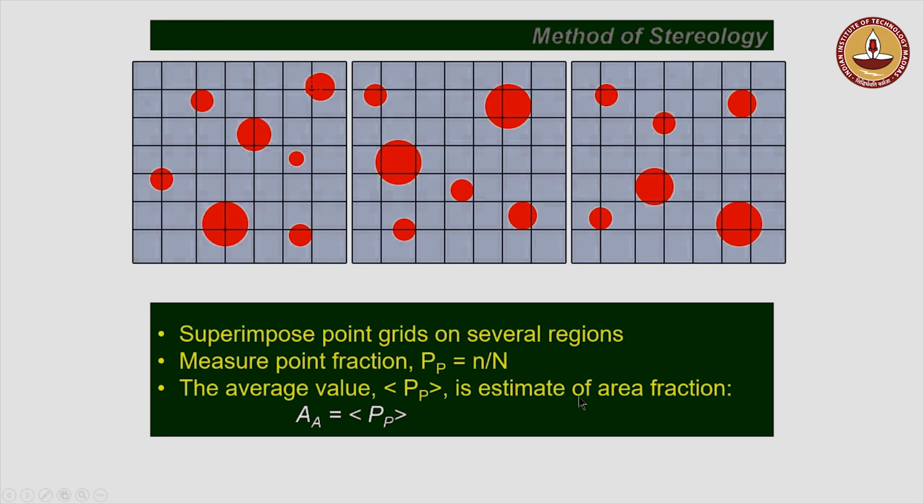And this average point fraction is a direct estimate of the area fraction. So, this is a stereological method which would give me an estimate of the area fraction, again with statistical or random error associated with it, which we will see how to calculate.